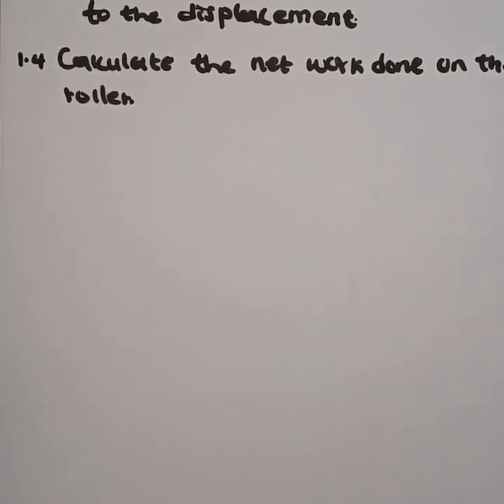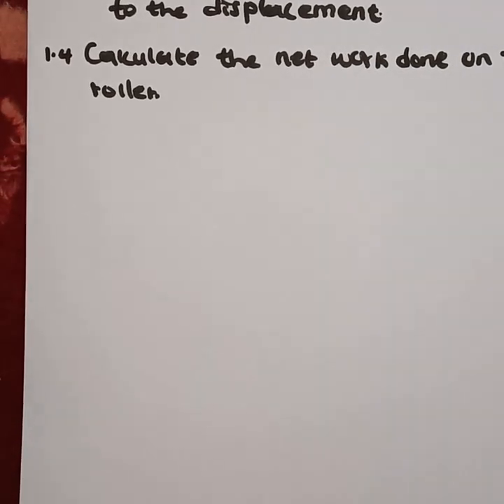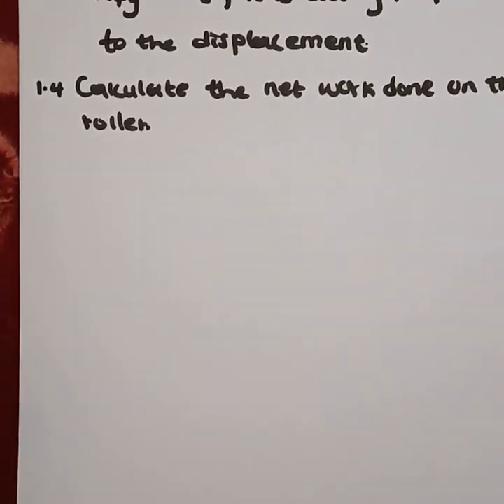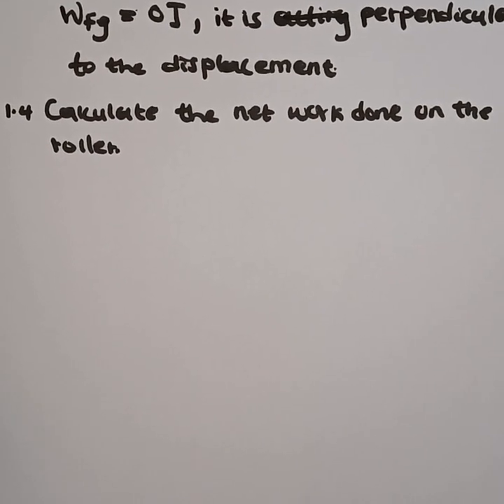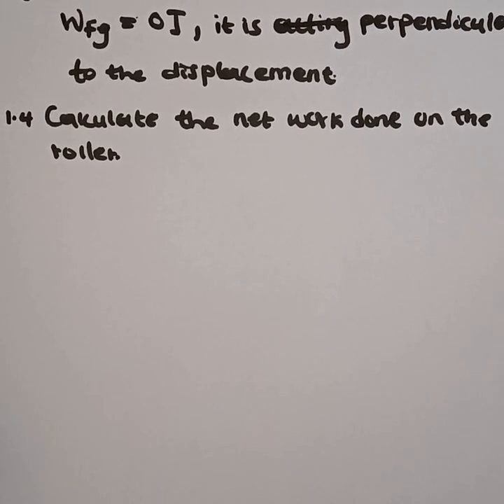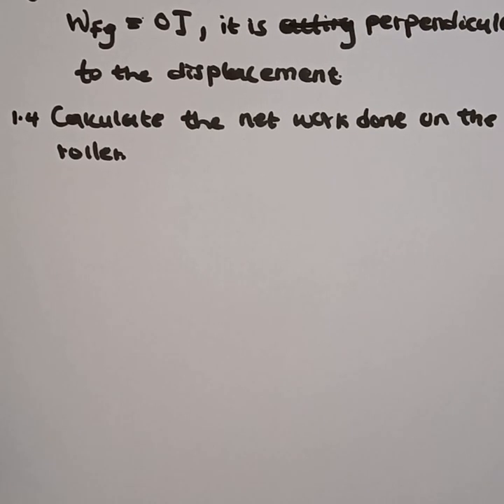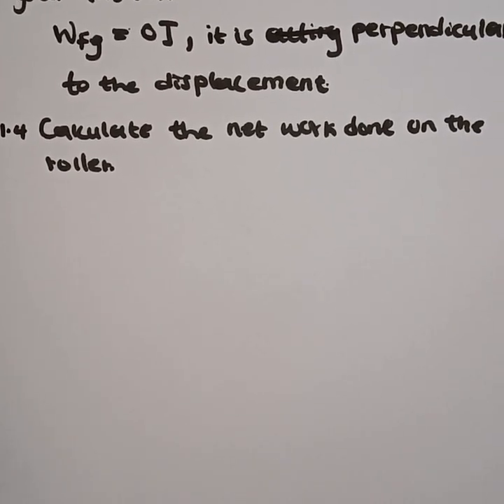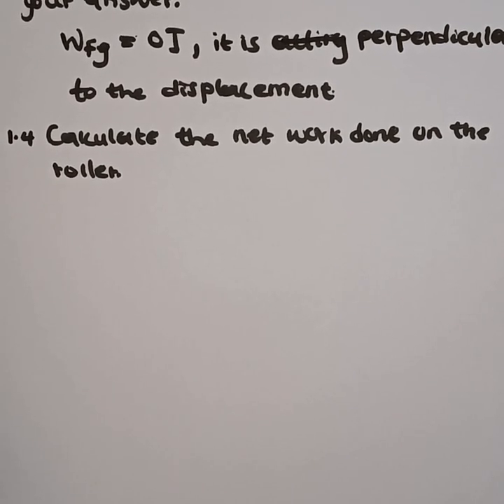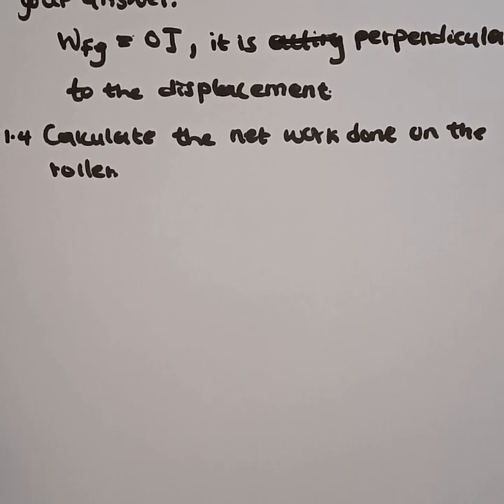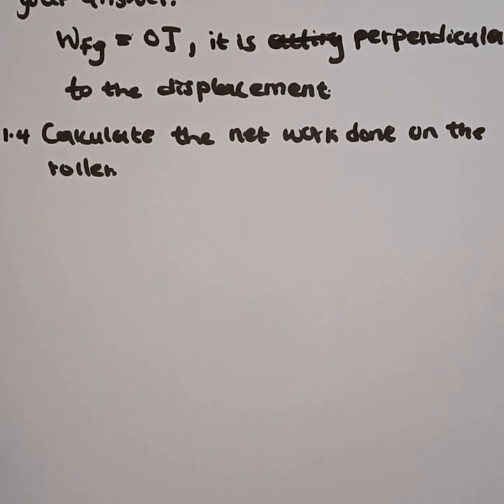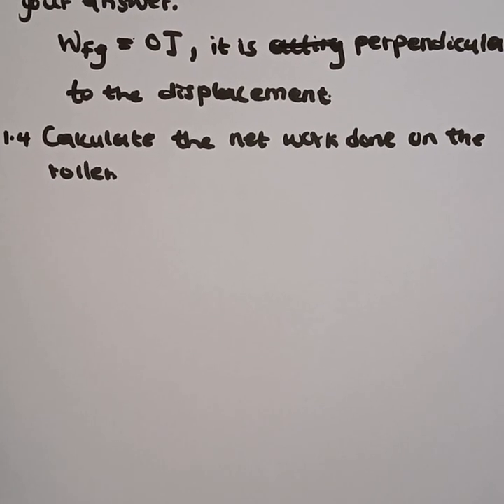The first one requires us to have the change in EK, which means we have to have the final velocity and the initial velocity, and we do not have that. So we can just add all the work done by the forces acting on the ruler. The forces acting on the ruler are the applied force, the friction, and the gravitational force. We can't talk about the normal force, because it does 0 work.